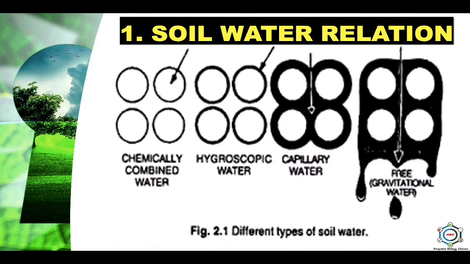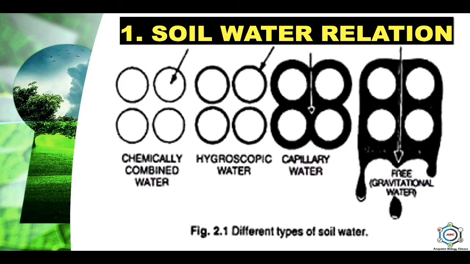Now, hygroscopic or imbibed water. So, what is hygroscopic water? The hygroscopic water is held by colloidal soil particles due to cohesive force. So, what is cohesive force? The force of molecular attraction. Plants can absorb a very small quantity of this hygroscopic water. After that, runaway water.